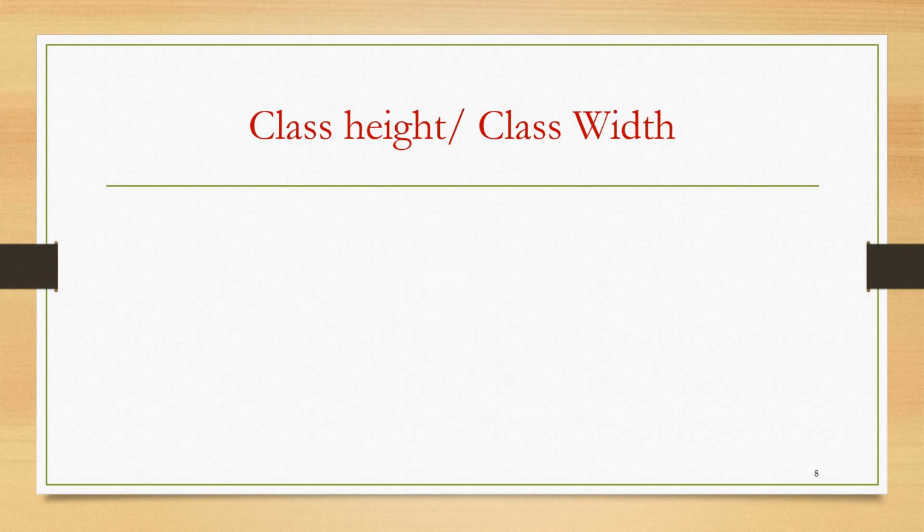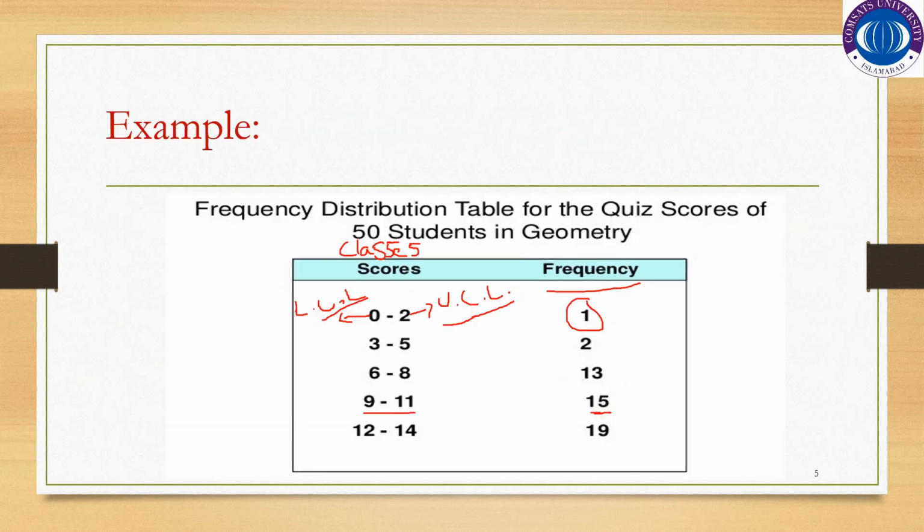Now the next one is the class height or class width. Class height is represented by small h. And how will we calculate it? If we are given a data set in the form of classes, then the difference between two consecutive lower limits or two consecutive upper limits is the class height.